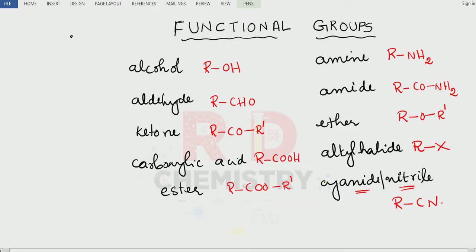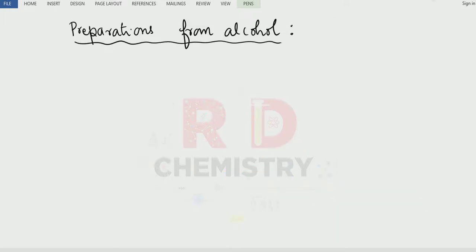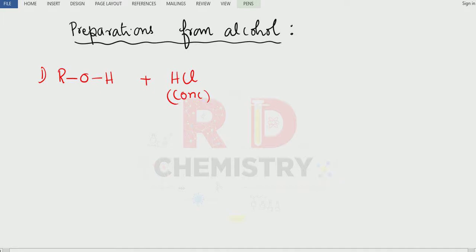So let us now see the preparation of alkyl halides or haloalkanes using alcohol. What is the functional group of alcohol? OH, so generally we can write ROH. In the first method, we take concentrated hydrochloric acid.